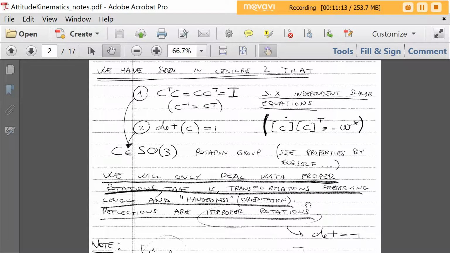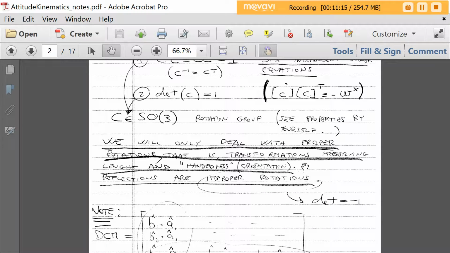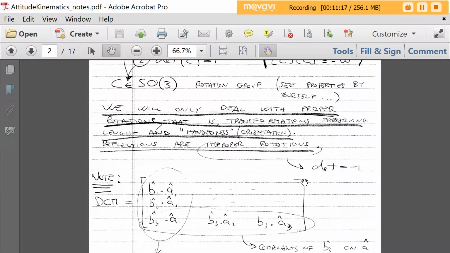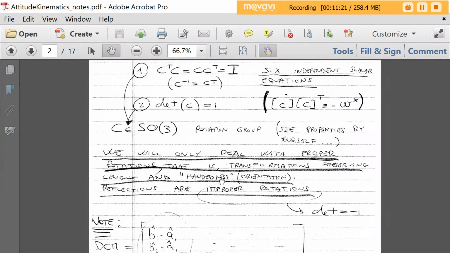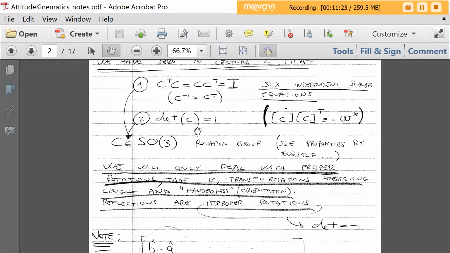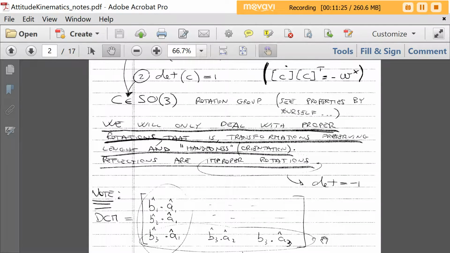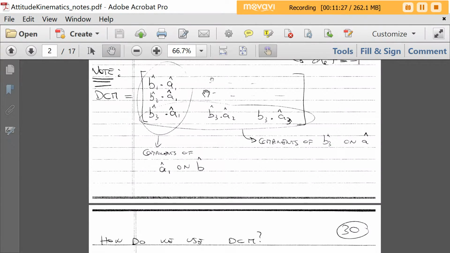Now, there's a bunch of stuff in these notes that you're more than welcome to read in more detail, but I want to cover the high-level view. These are all proper rotations, of course, so if you ever come up with a DCM that doesn't have determinant of 1 but has -1, there's something wrong. A small note, if you look at the DCM and you look at columns, you will see basically the projection of the bases.